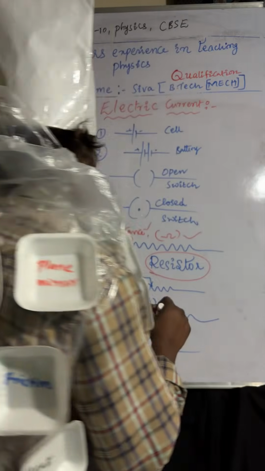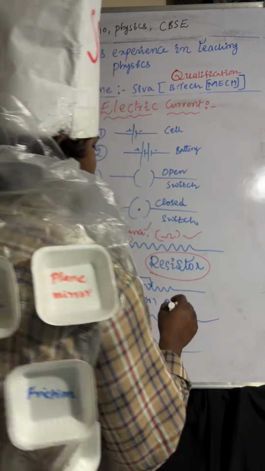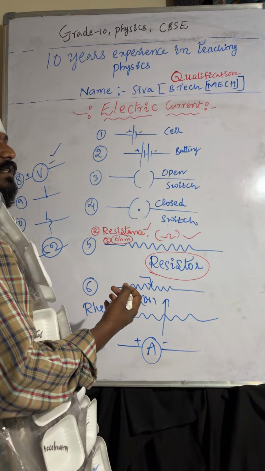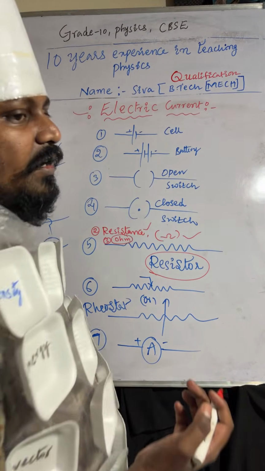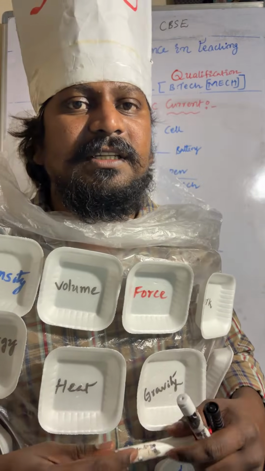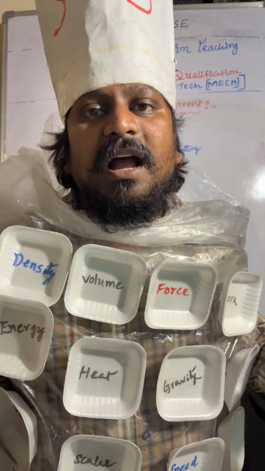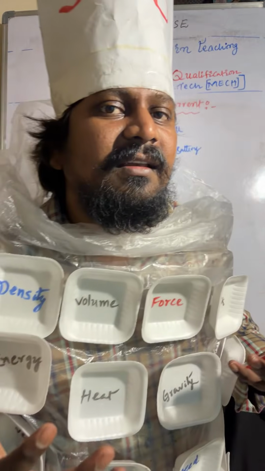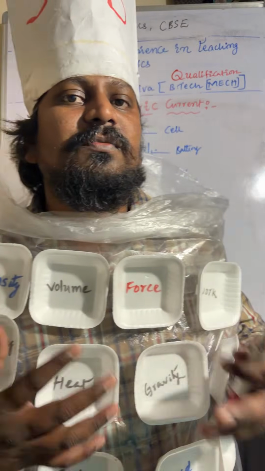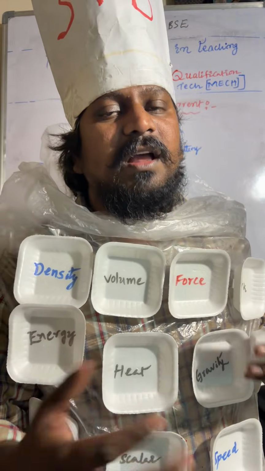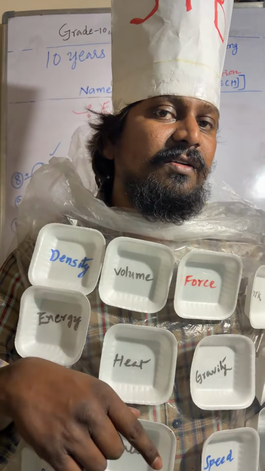Coming to rheostat. Rheostat is a device which is used to regulate the current without changing the voltage source. Coming to the ammeter. Ammeter is a device which is used to measure the electric current. How will the ammeter be connected in the circuit?